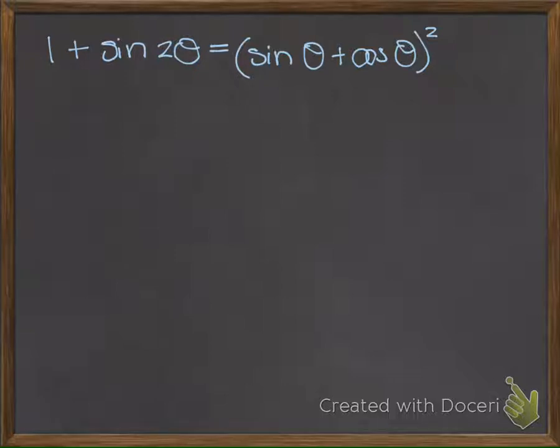Now, how would I know to use double angle identities with this? My tip-off is this 2 theta on the left.